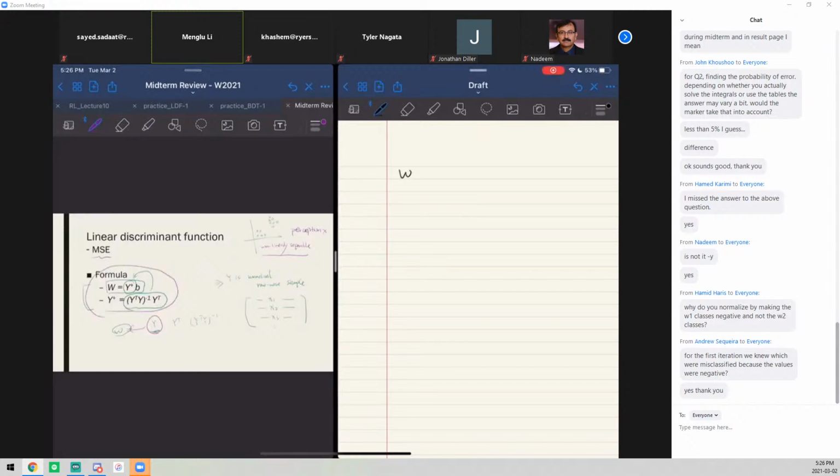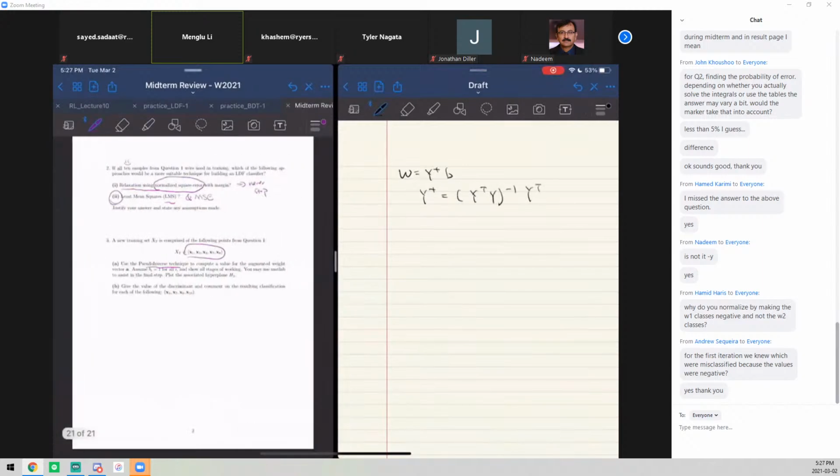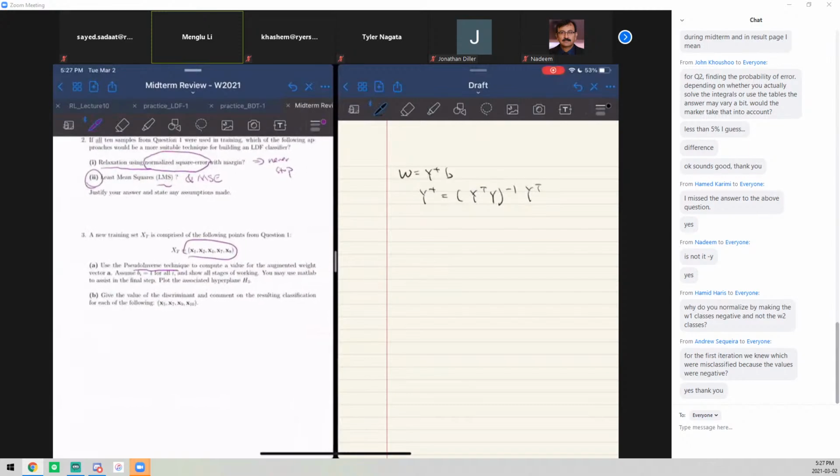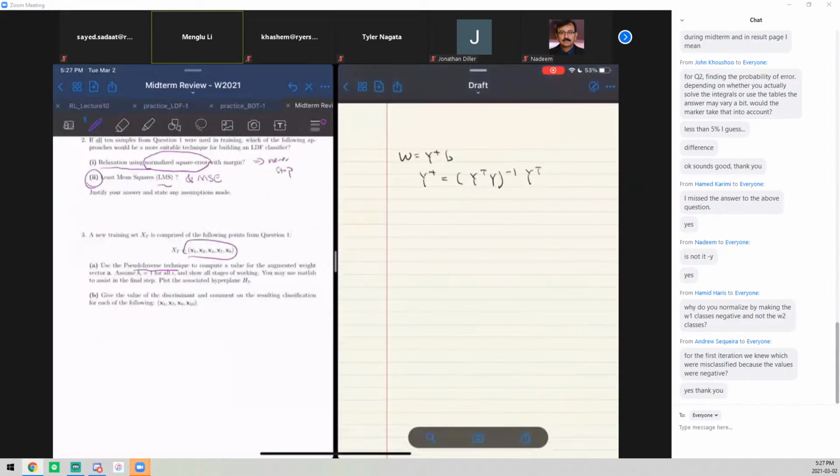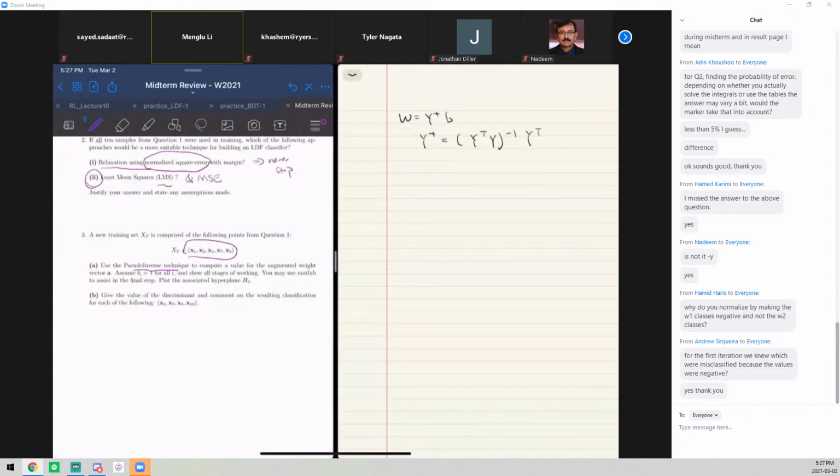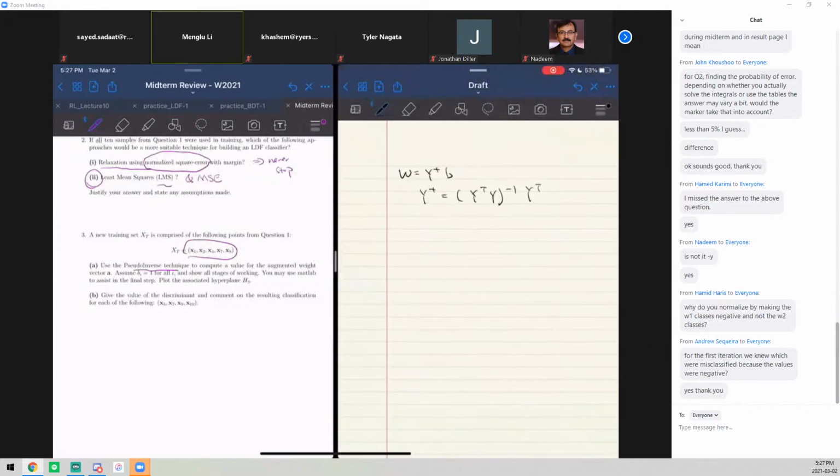So I just write it down here. We use these 2 equations to compute a value for the augmented vector A. Assume b_i equals 1 for all i, which gives us the value for b.